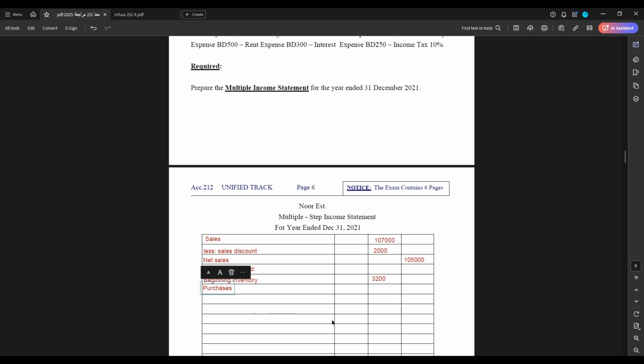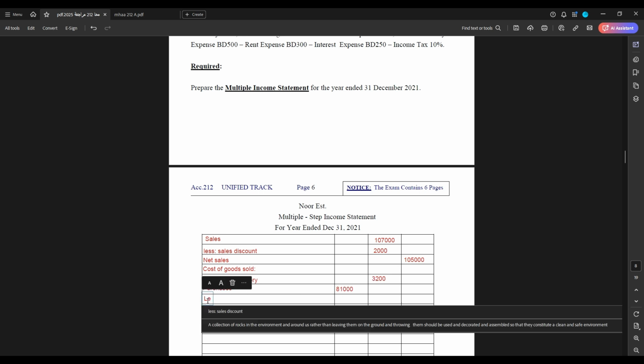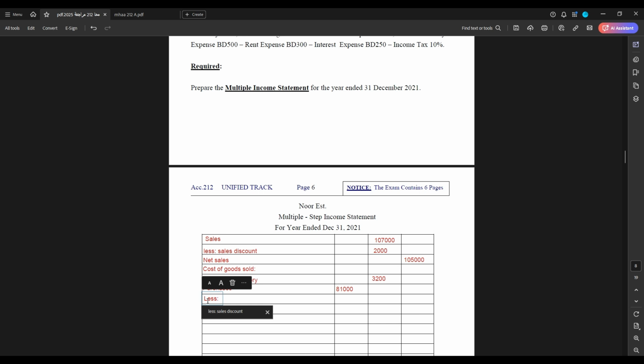We have purchases of 81,000 less purchase return. We have purchase returns of 6,000.